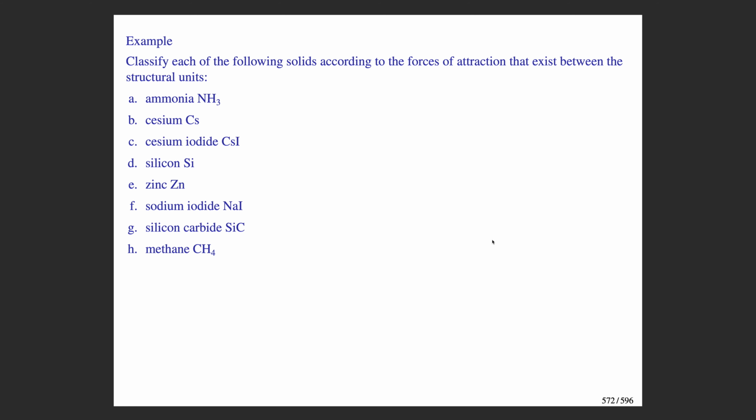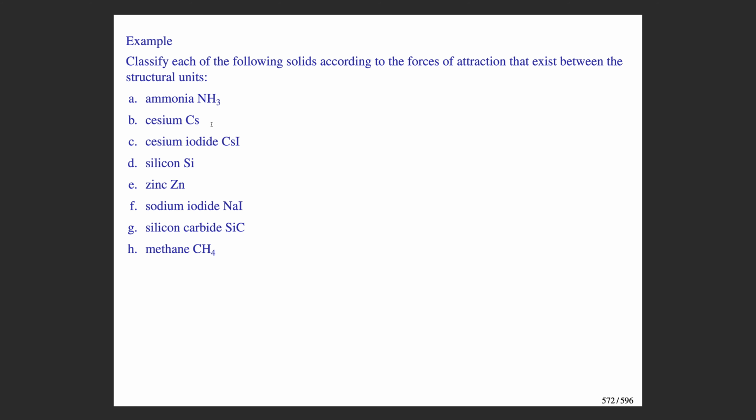Ammonia, part A, is a molecular compound, and when molecular compounds form solids, they form molecular solids held together by intermolecular forces. In the case of ammonia, it would be London dispersion forces and dipole-dipole interactions. Ammonia is a polar molecule, so there is a dipole moment, and the dipole moments interact, keeping the molecules in the crystal.